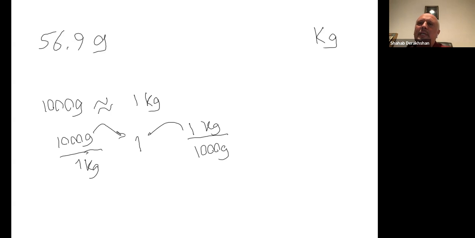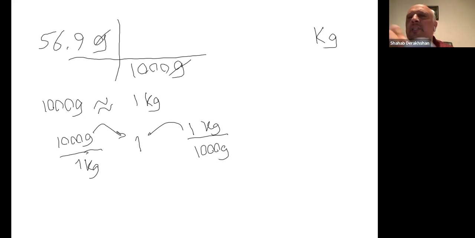In this particular case, I am interested in getting rid of grams and convert it to kilogram. So again, I'll choose something where I have grams in denominator because I want to get rid of that. So I will use this fraction, 1,000 grams in denominator, 1 kilogram in the numerator.